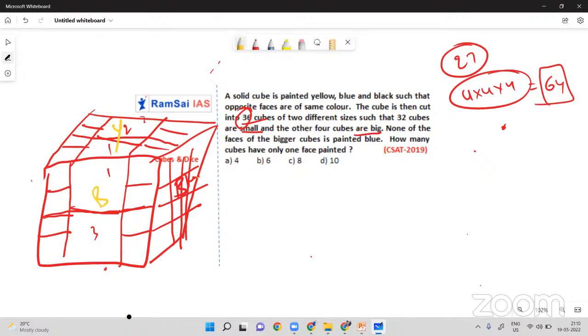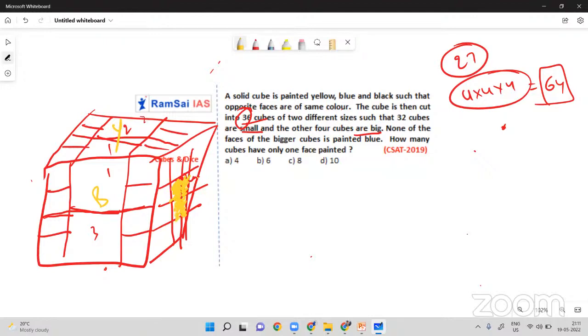Fine. So they asked, how many cubes have only one face painted? This is one cube, this is two, this is three and four.